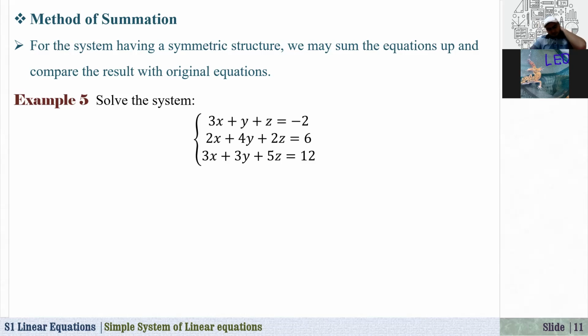It is 12. So now, if you just add them together, what happens here is 3 plus 2 plus 3, it is 8. 1 plus 4 plus 3, also it is 8. 1 plus 2 plus 5, also it is 8.